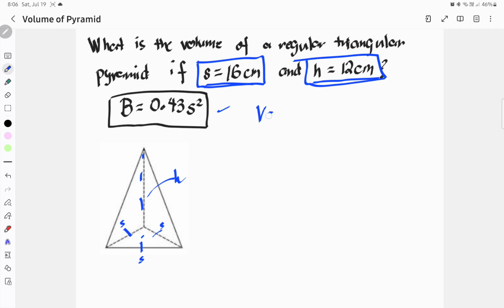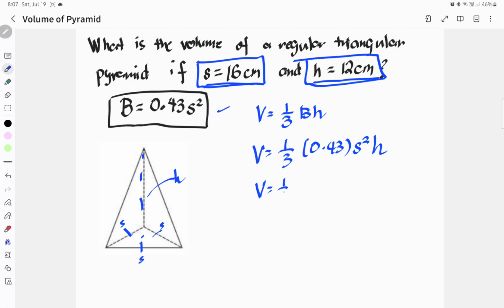Now, the volume is equal to 1/3 of the base and then height. However, our base would be 0.43 times s squared. If we have those things, we can now substitute our values.